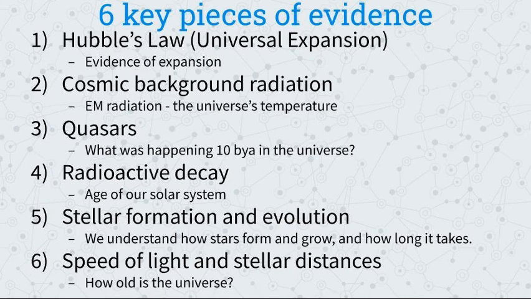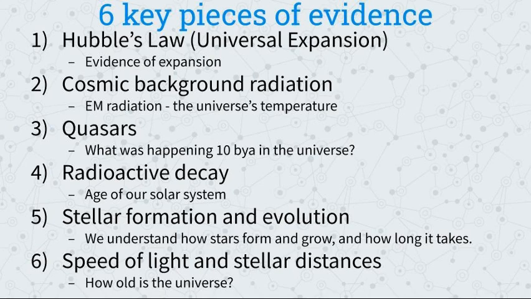So, here we are back at our list of evidence. And there you have it. This is how we know how the universe got to be the way it is today. Now, here's what you're going to do with this information. Remember that timeline that you hopefully made last week? Well, you're going to add to it this week.